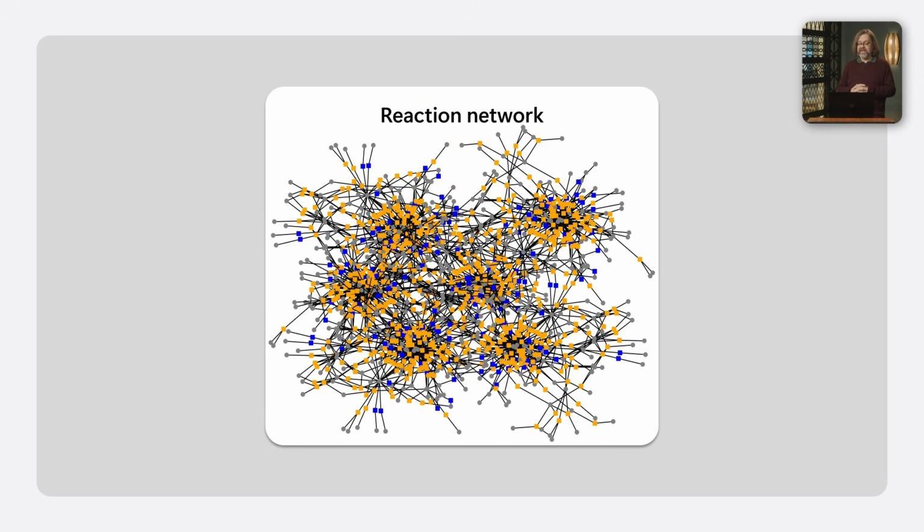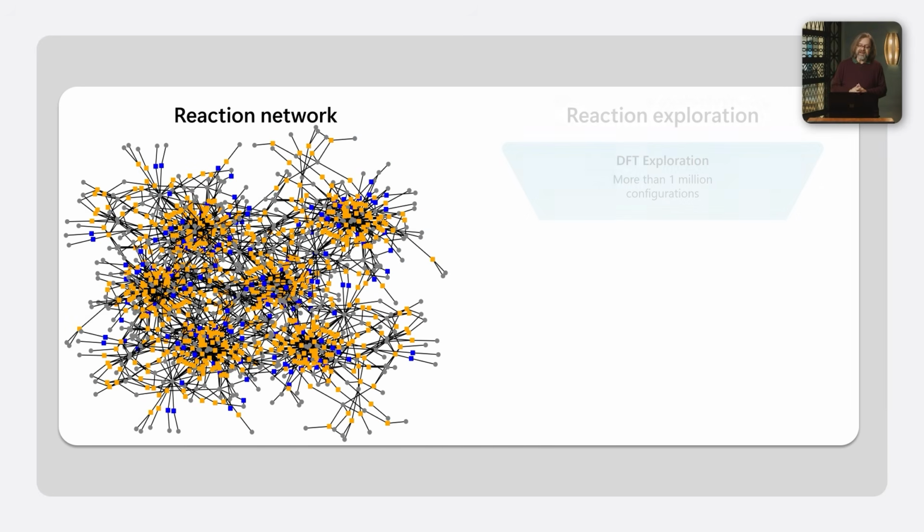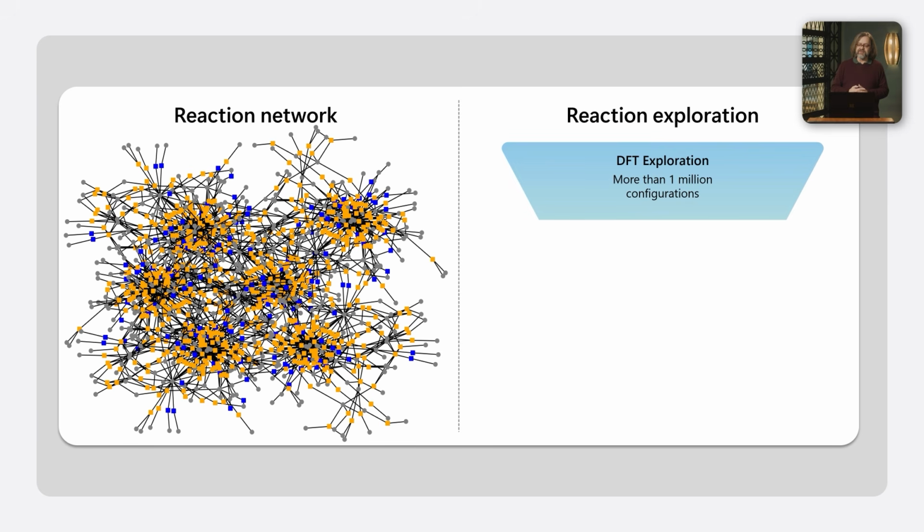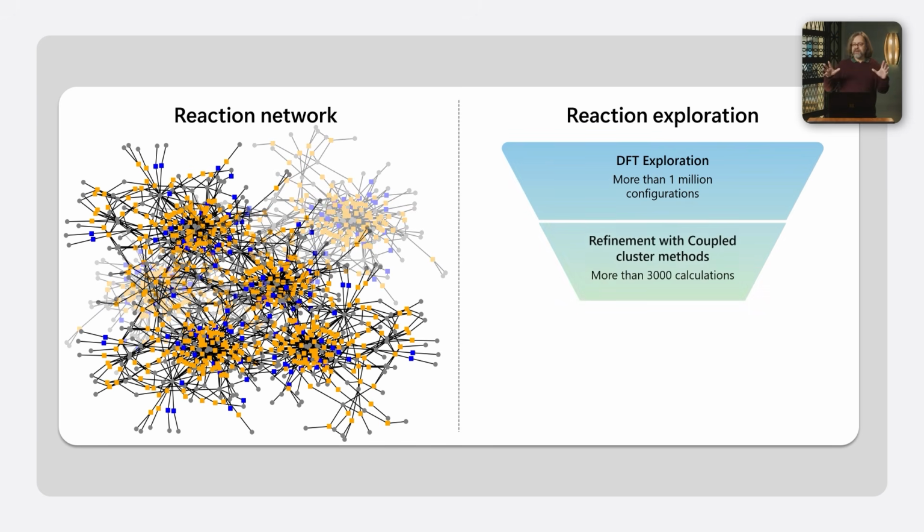But the real chemical reactions are often much more complex. So here's one example of a network where we had to do more than 1 million calculations with density functional theory. And we found the 3,000 most relevant configurations. We refined those more accurately with coupled cluster methods.